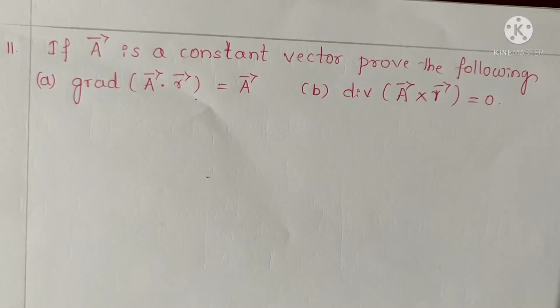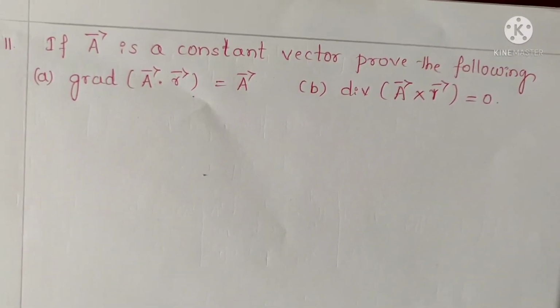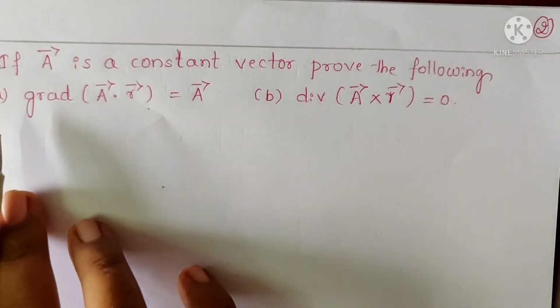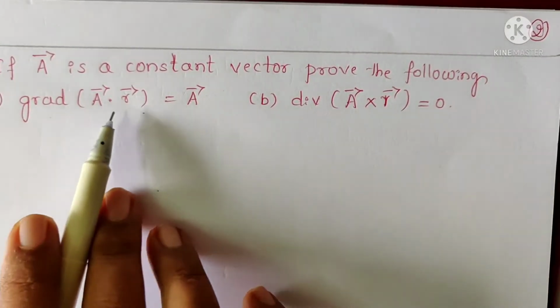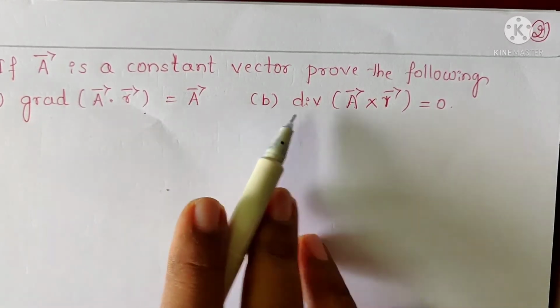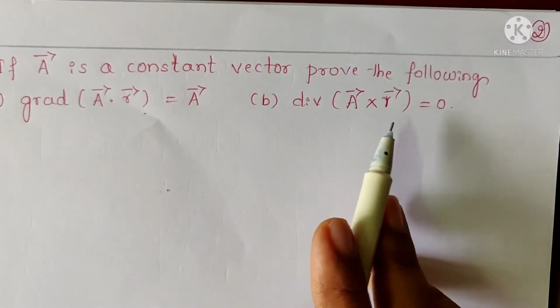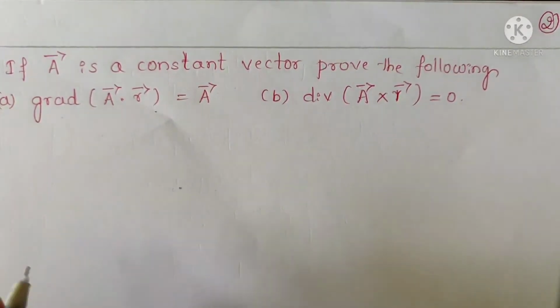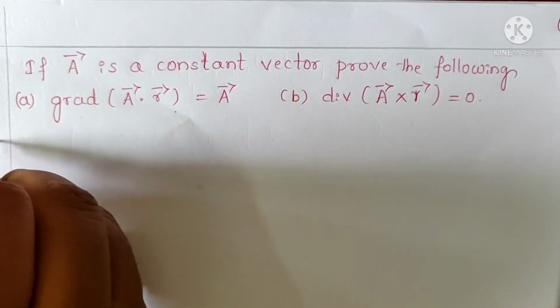So next example: if vector A is a constant vector, prove the following. First one, the gradient of A dot R is equal to vector A. B, the divergence of A cross R is equal to 0. Yes. So solution.